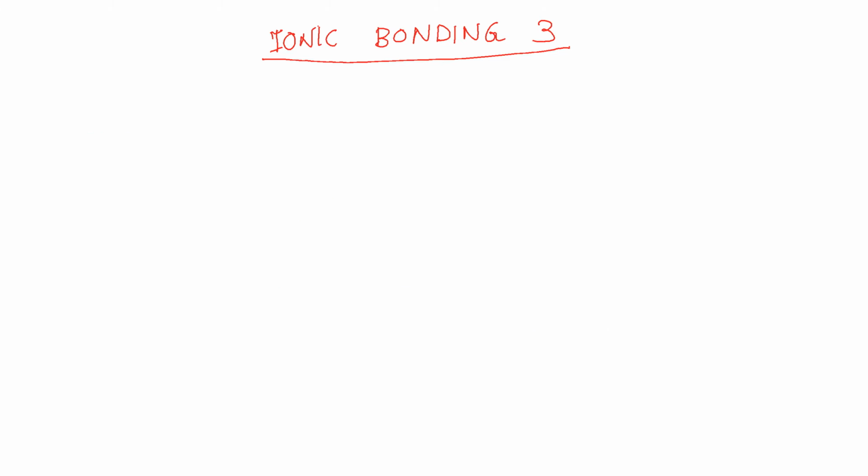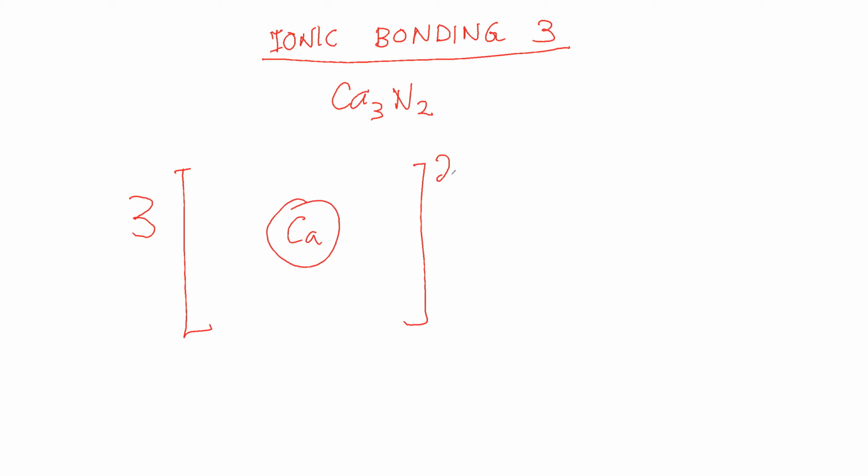How do we draw the electronic structure of Ca3N2, calcium nitride? Well, obviously, we are going to have 3 calcium ions. And we are going to have 2 nitride ions.